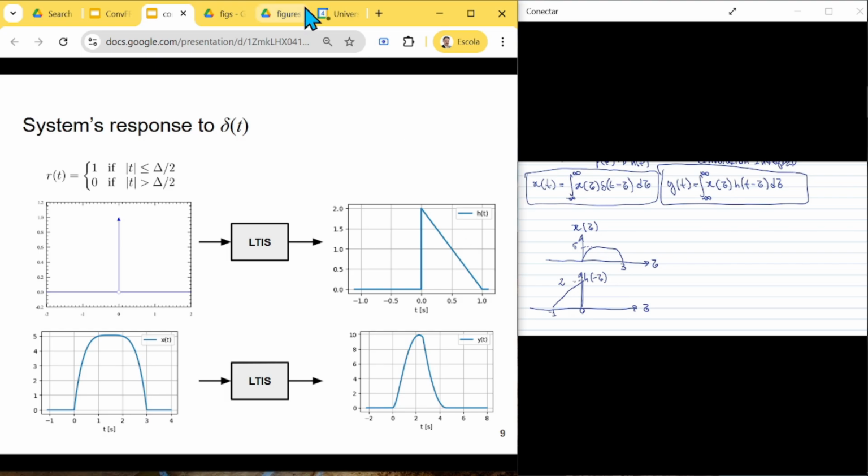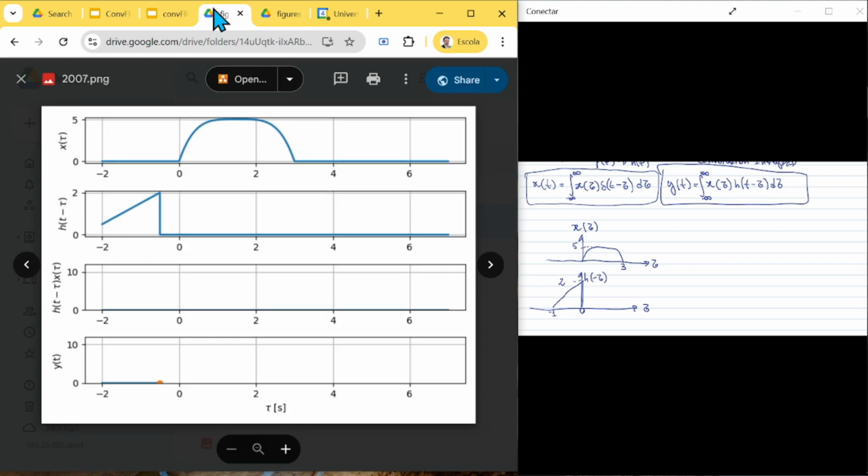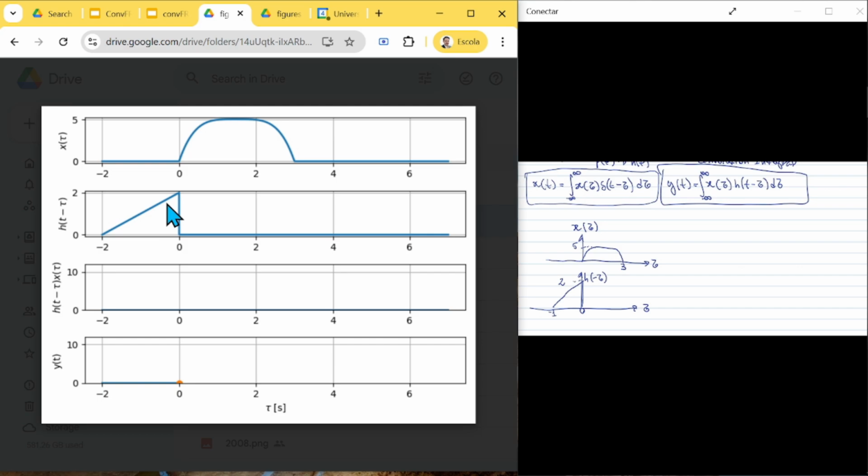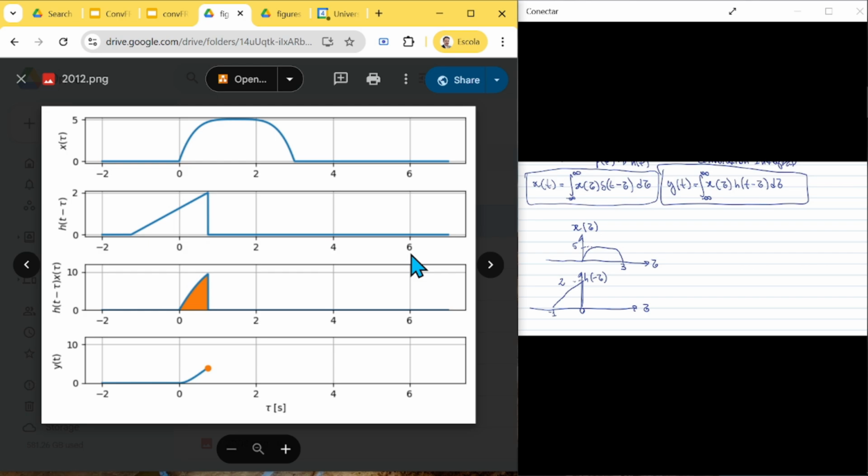So I have the figures here. In this slide, I have the x of tau and h of minus tau. And here, 1 minus tau, 2 minus tau, 3 minus tau. So for each case, we make the product of them both.